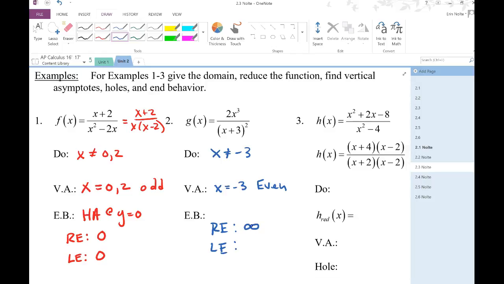So it's going down, to negative infinity. I could double check it by plugging in a negative giant number. Because it's a case where it's bigger on top, so it's a slant.